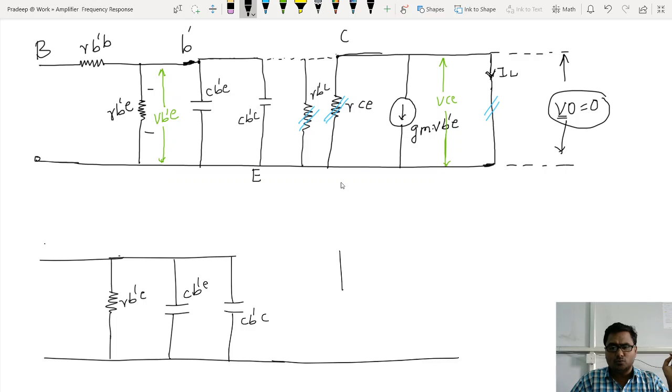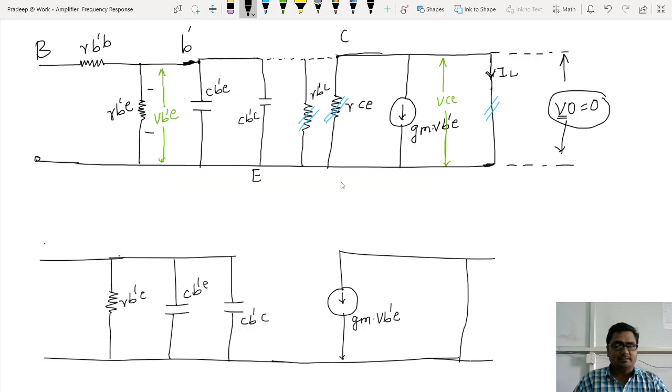The remaining part is only a current source. What is that current source? It is only GM multiplied by VB dash E. That's the only thing at the output side, and the load resistor is replaced by the short circuit. Even if you don't show this base spreading resistor, it is okay.